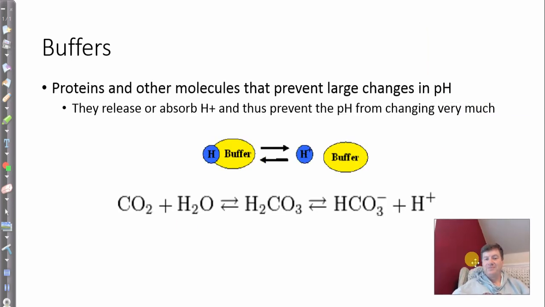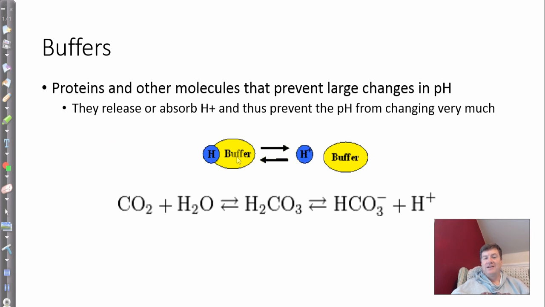at all times. Buffers are proteins or other molecules that prevent large changes in pH. They either release or absorb hydrogen ions so that the pH doesn't change very much. A buffer kind of goes both directions.